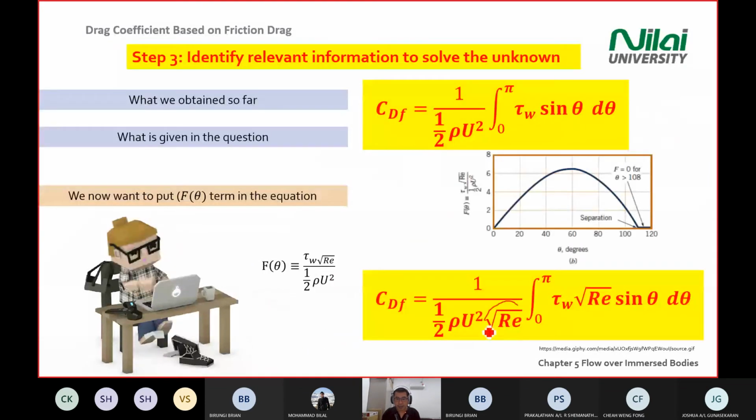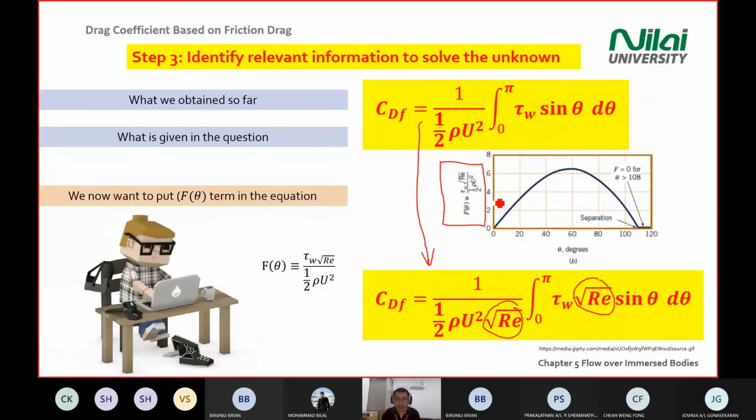How to convert this equation to this equation by referring to the graph left-hand side component. So this equation was given. Do you know how to convert the developed equation to a new equation by matching up the parameter given?